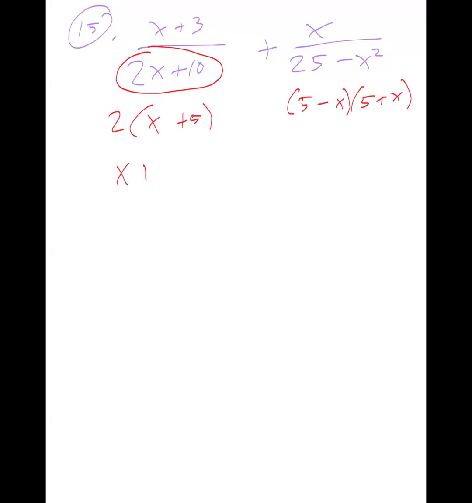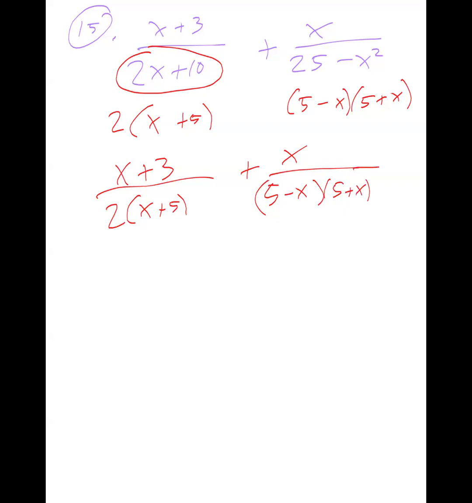So we've got x plus 3 over 2 parentheses x plus 5, and then we've got plus x over 5 minus x and 5 plus x. Presto. Now, which factors does the first fraction not have that it's going to be jealous of in the denominator? It does not have a 5 minus x, right? So it's jealous of that.